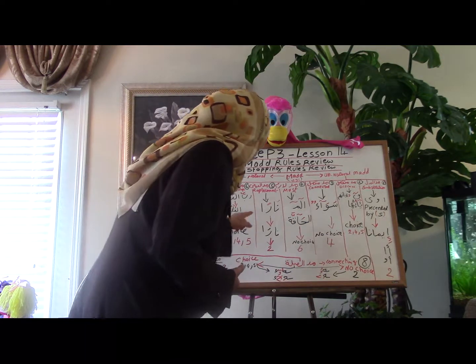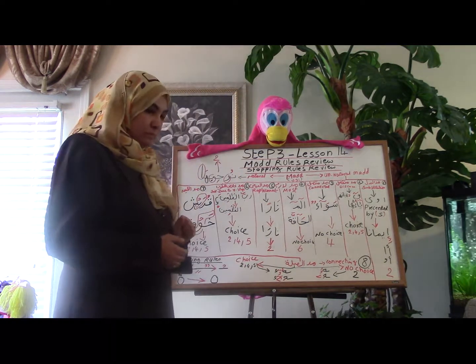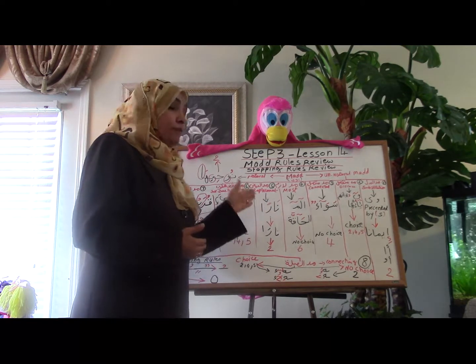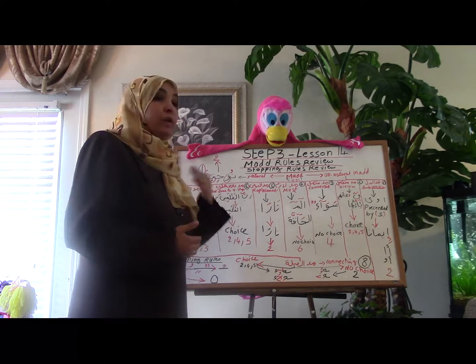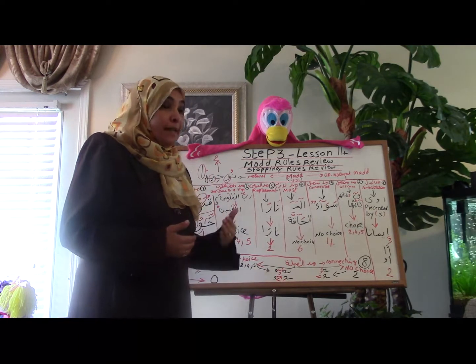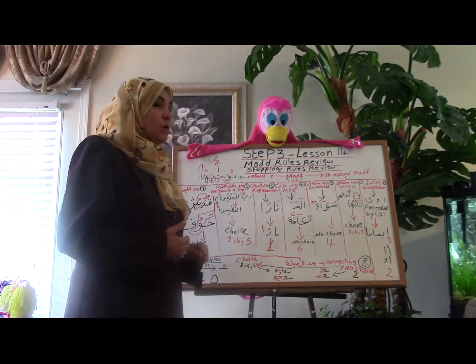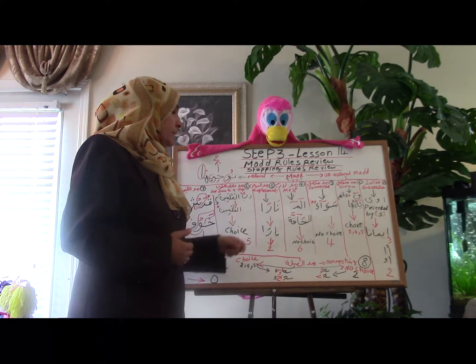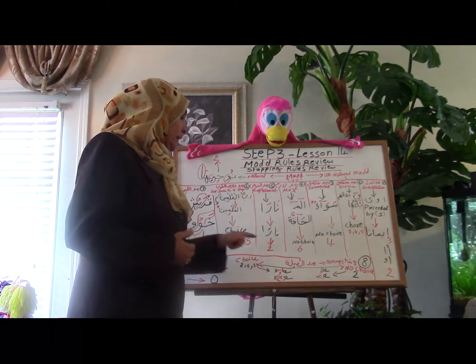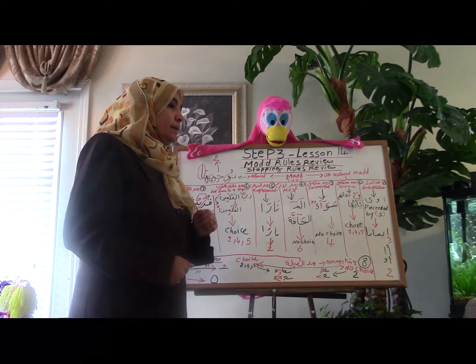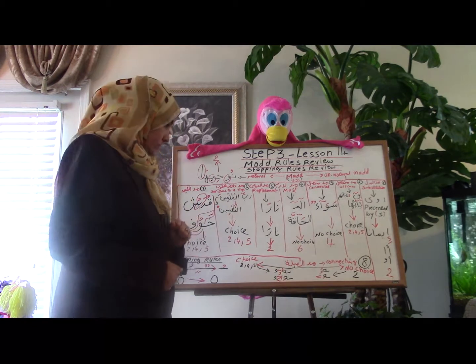So when I stop on a word that ends with fatha tanween, I don't pronounce the tanween, but it is dropped and becomes a fatha. So instead of saying naran, it becomes nara, and we elongate for 2 haraka. I say nara, nara, and so on.